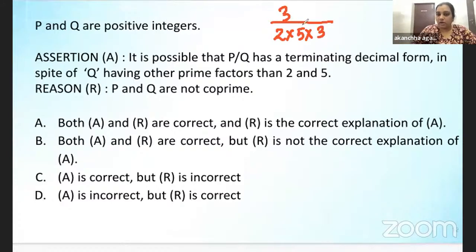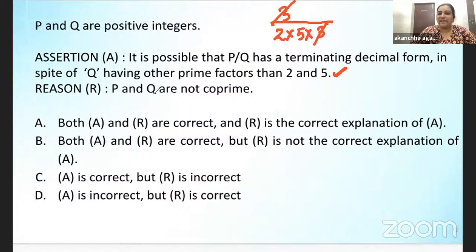But in case they are not co-prime, it is very well possible, because it might so happen that the other factors get cancelled by the factors of the numerator. So we see that it is true. You can have any other factor than 2 and 5, but it will be a special case. But yes, it is possible.